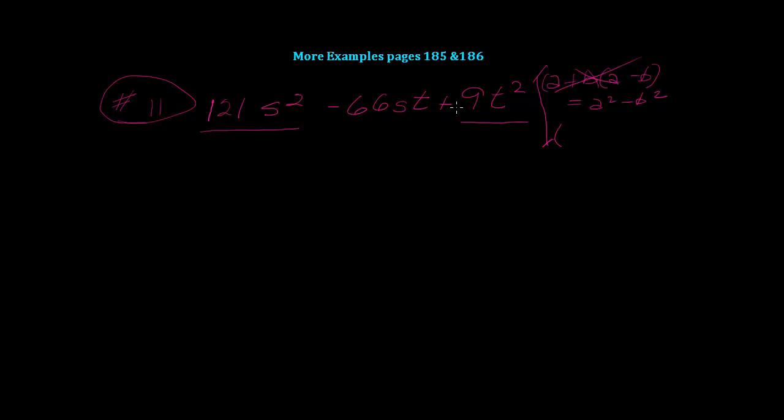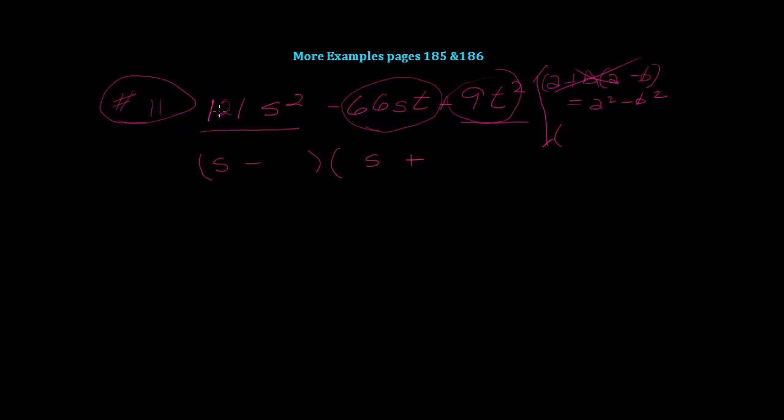And we see again that the last term is positive, the middle term is negative. So that means this has to be s minus something and s minus something, and these are both going to be negative.